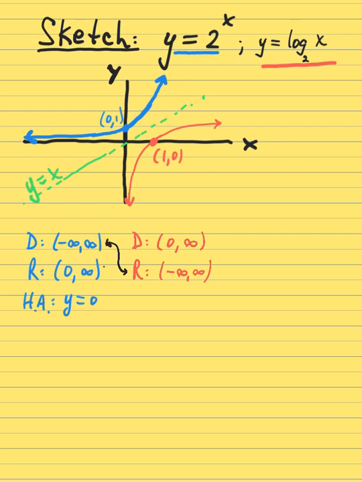Inverse functions will swap domain and range. Let's also note that there's a vertical asymptote at x equals 0. Asymptotes also reverse. Inverses are very predictable. And I'm going to try to bold up that graph a little bit. There we go. All right.